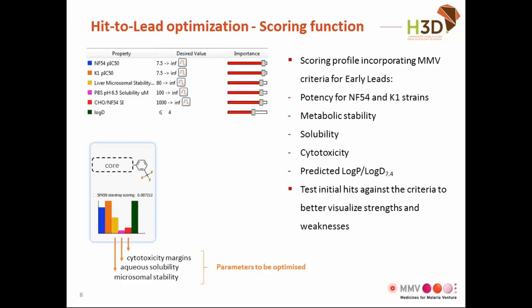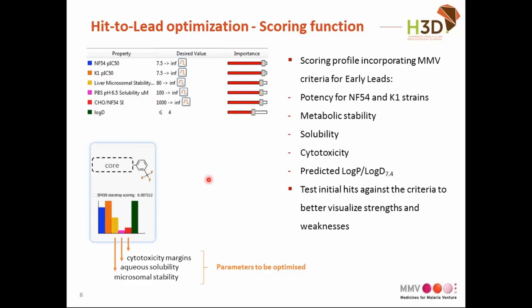So to do that, one of the things that we can do is to set up an early lead scoring profile with criteria that are a bit higher than the ones for the hits, and see how all hits perform in this early lead scoring profile.